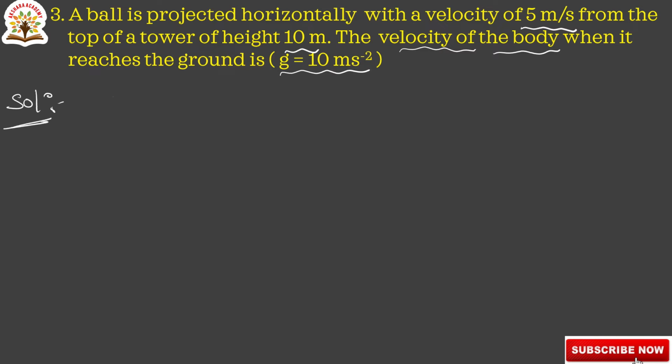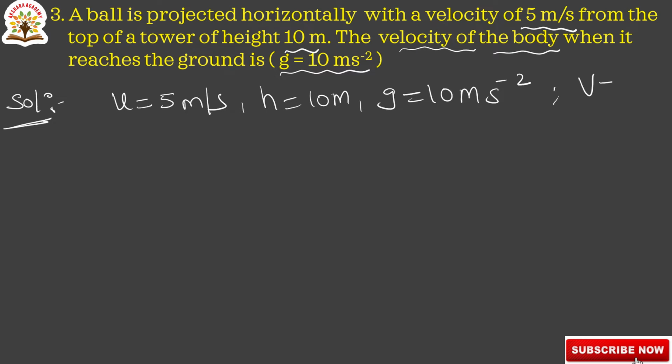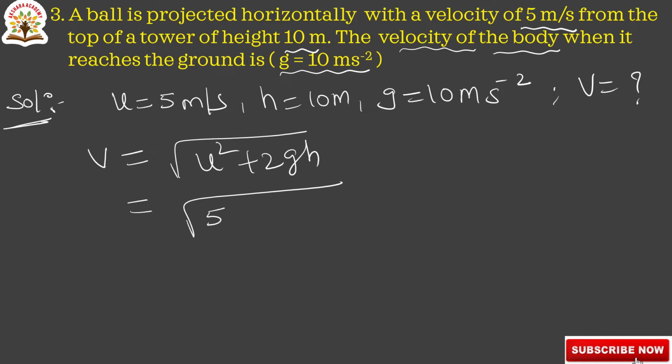Here the given u is equal to 5 meters per second, h is equal to 10 meters, and g is given as 10 meters per second square. v is equal to question mark, the velocity of the body when it reaches the ground. So v is equal to root of u square plus 2gh. Substituting the values, 5 square plus 2 into g value 10 into h 10.